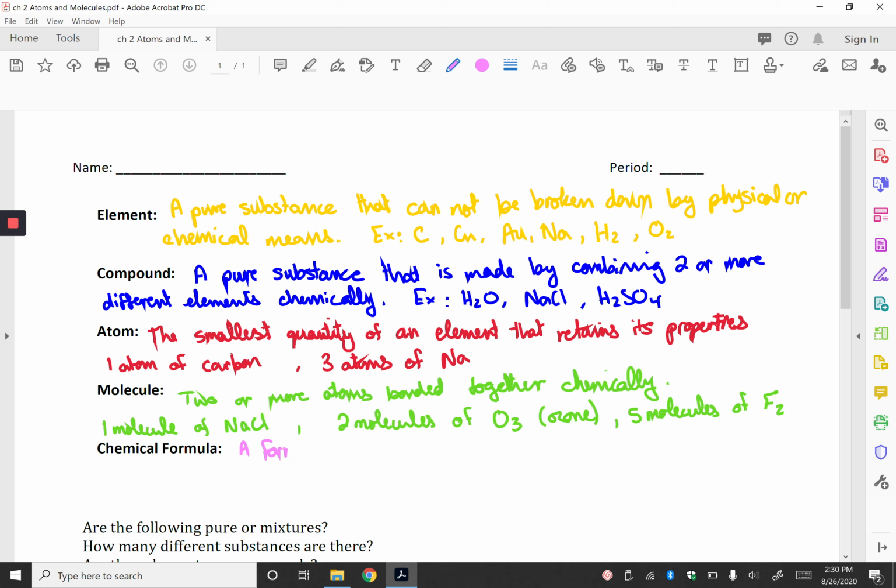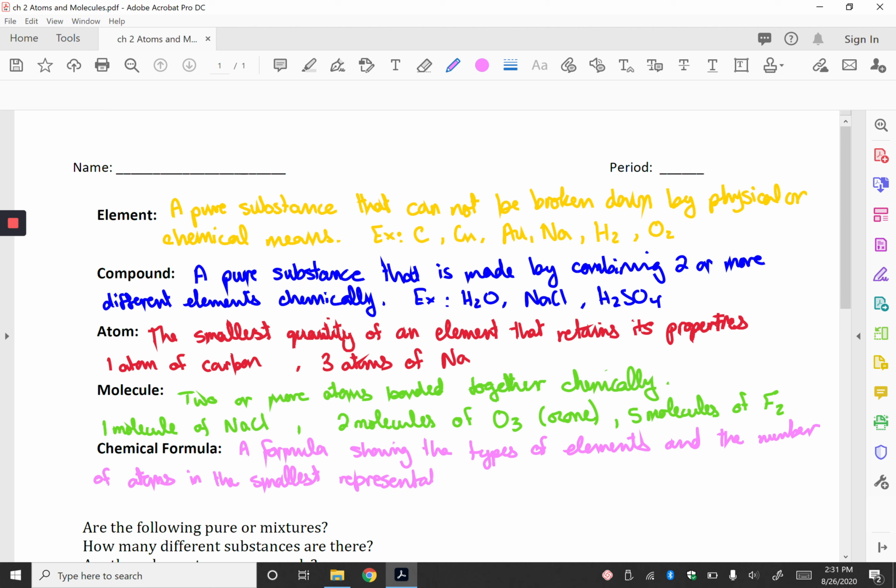So a formula showing types of elements and the number of atoms in the smallest representative unit of a substance, whether that substance is an element or a compound or whatever.